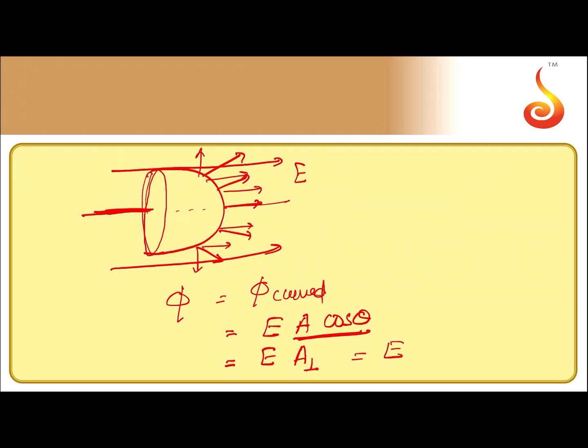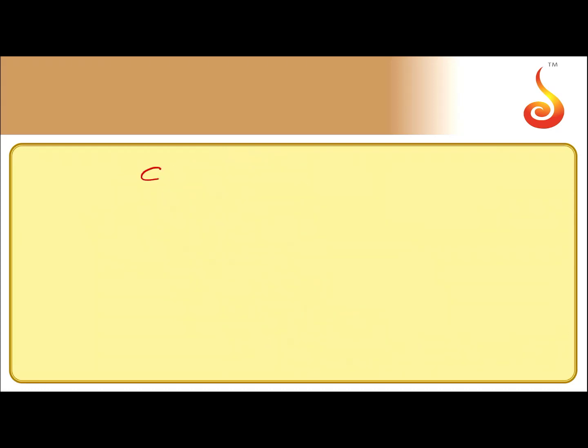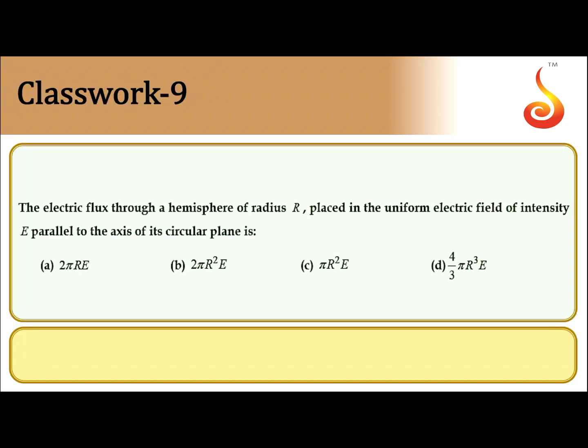This A perpendicular refers to the area of the circular part. Thus, the flux is equal to E into the area of the circular part. The area of the circular part is pi r square, and therefore the flux is E into pi r square. So, the flux over the hemispherical bowl is E pi r square. It is the same as the flux over the plane surface, remember.